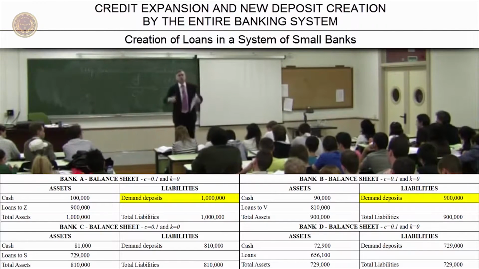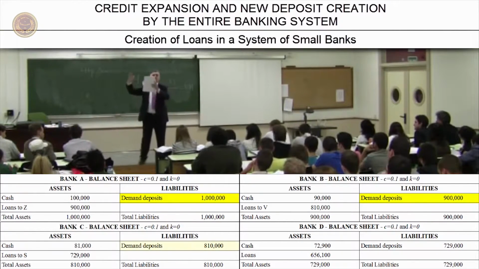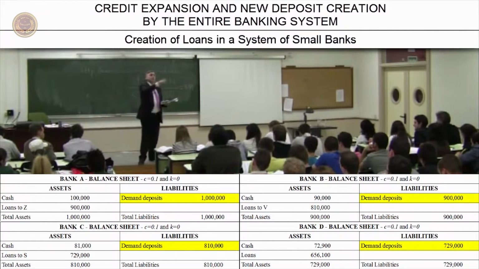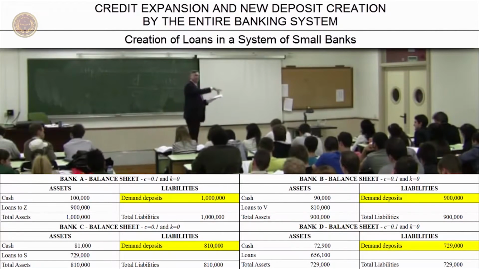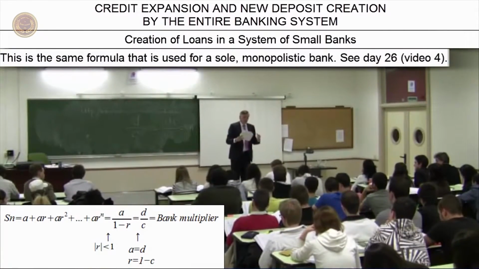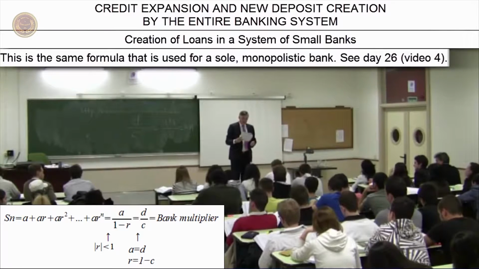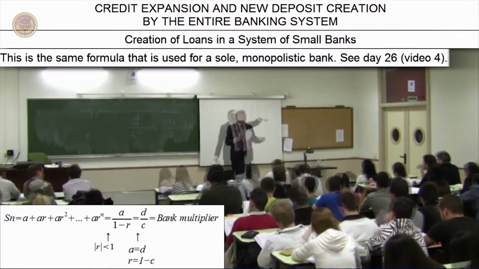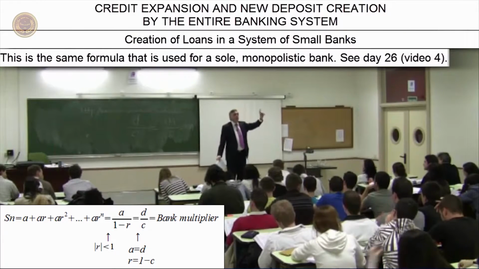Well, we can show that if we add up the deposits in Bank A, 1 million, and the deposits in Bank B, 900,000, and those in C, 810,000, and those in D, 729,000, and so on, we get the same sum of the terms of a geometric progression, with a common ratio of 1 minus C, and that the multiplier is expressed precisely in formula 27.